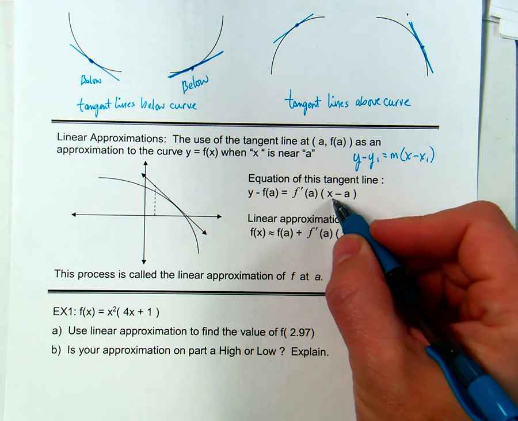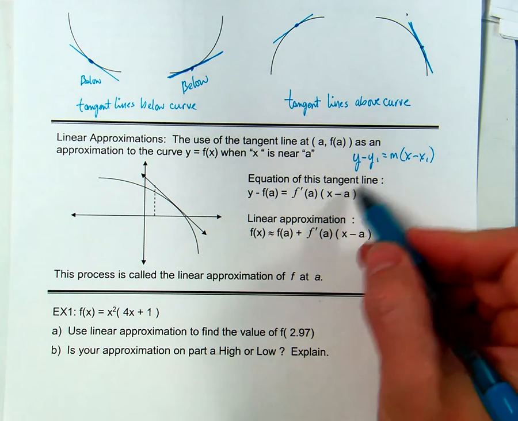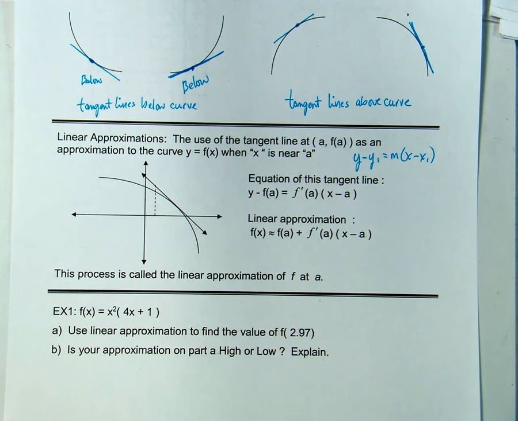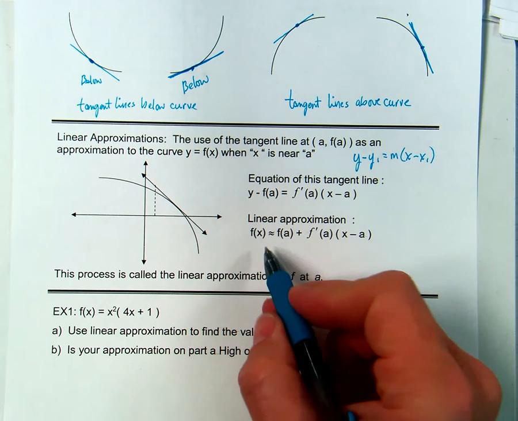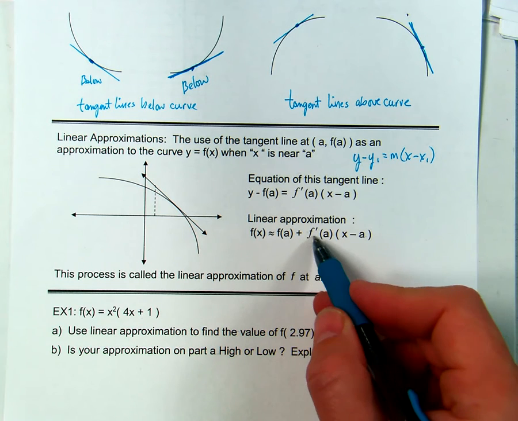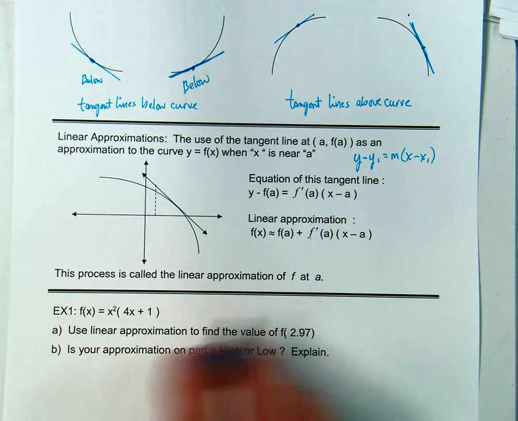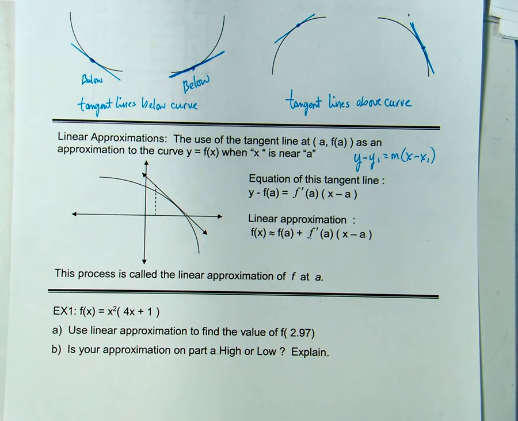And then times x minus the input value a. So that is the exact form that we're talking about. The linear approximation says that f of x is approximately f of a plus f prime of a times x minus a. So this process is called linear approximation of f at a.